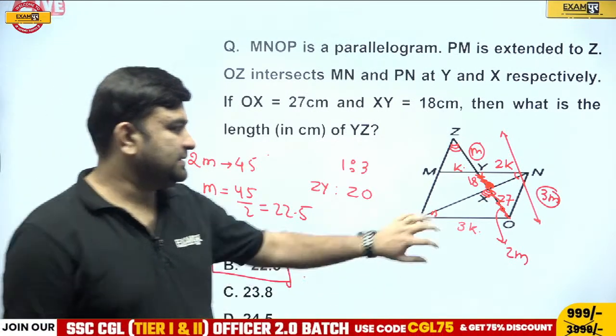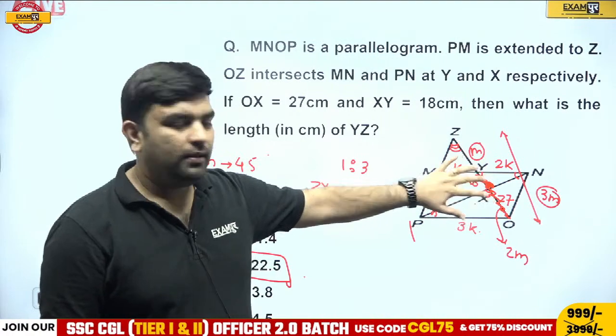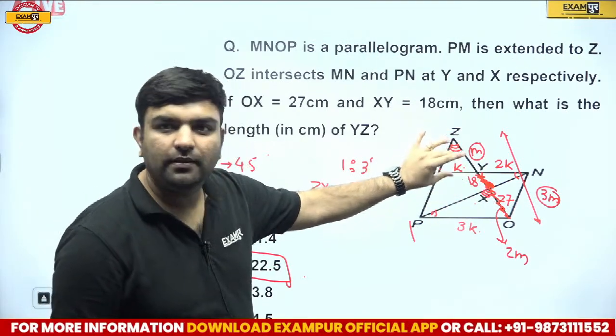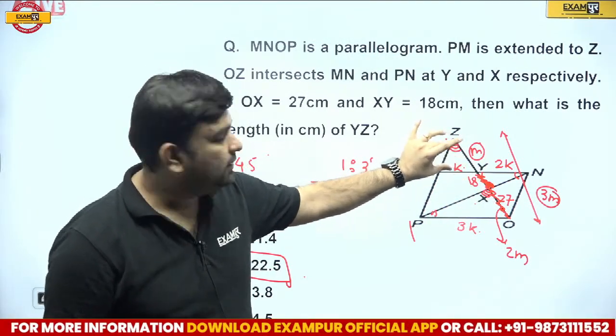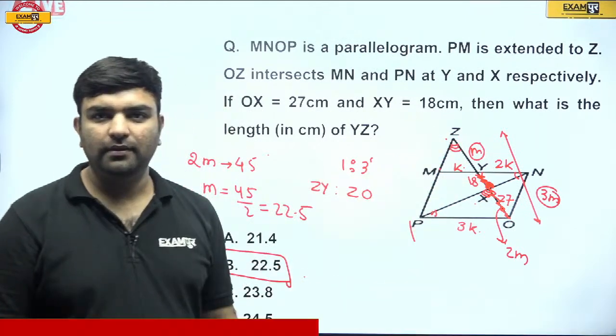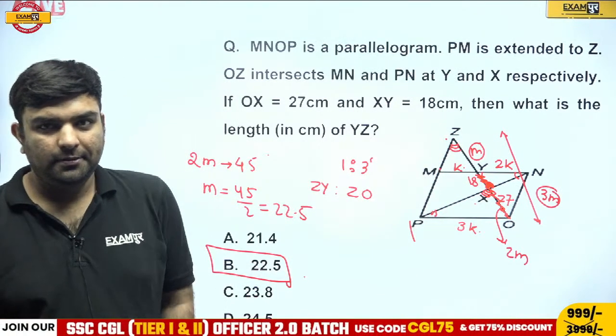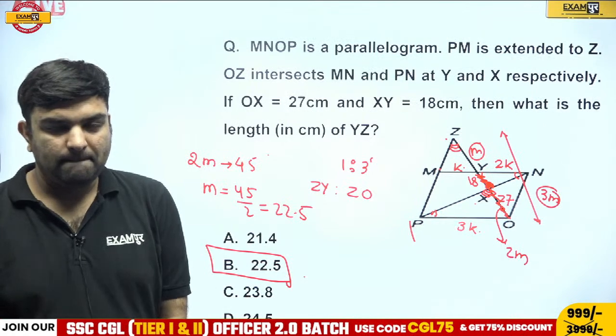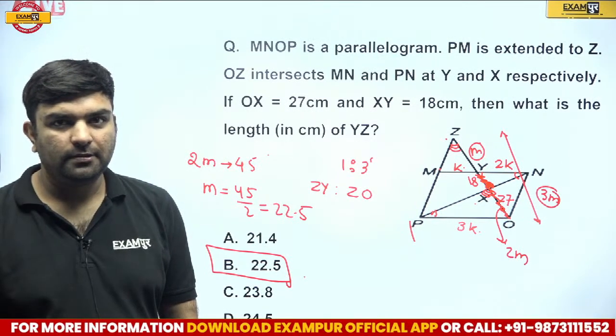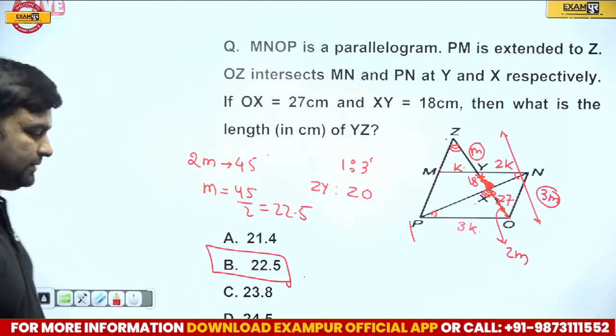Two similarities. One between these two, then one between this and bigger. A small triangle and bigger triangle. Next.